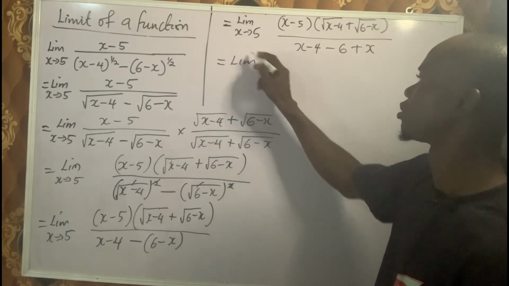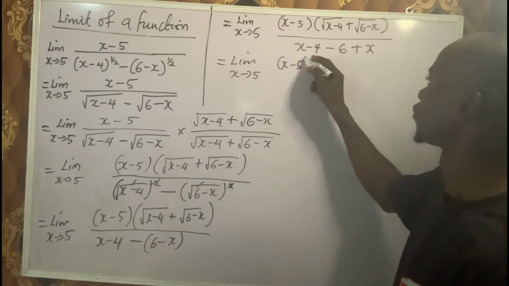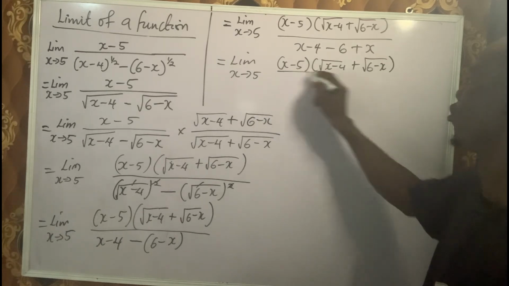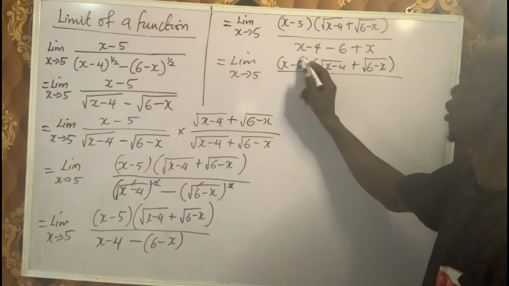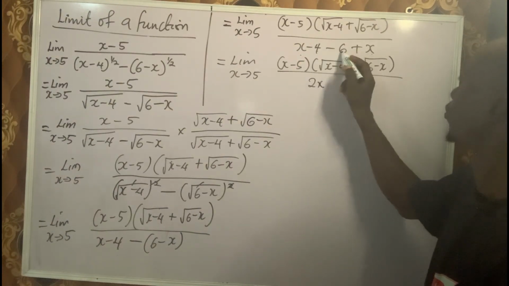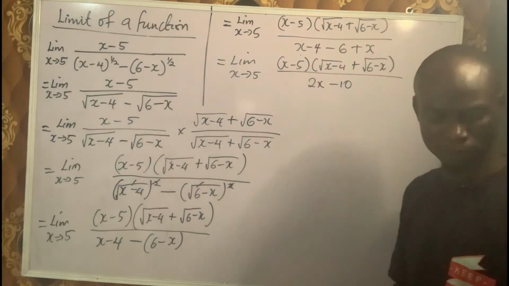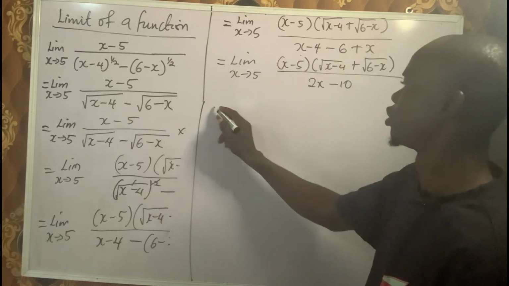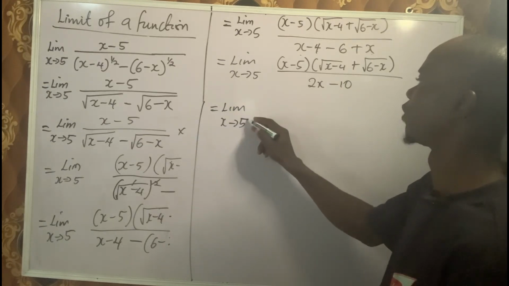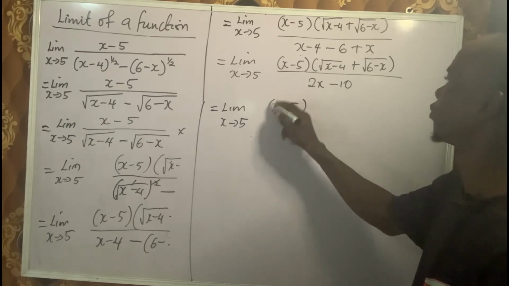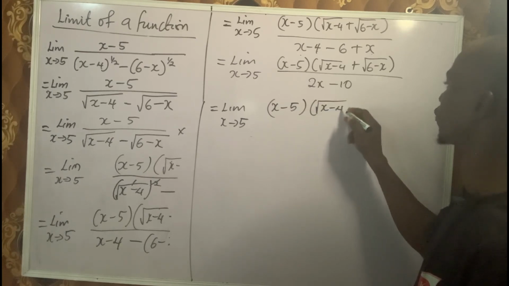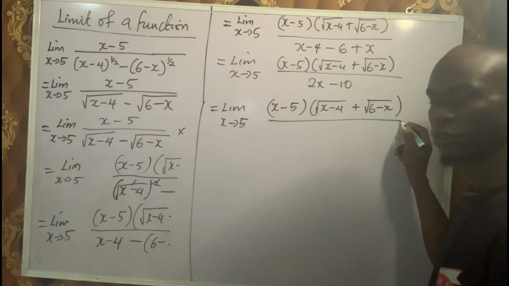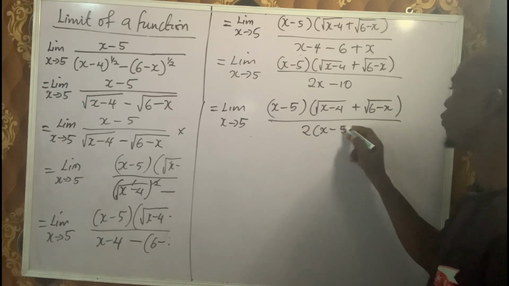Now we can collect like terms: x plus x is 2x, minus 4 minus 6 is minus 10. So this becomes limit as x tends to 5 of (x minus 5)(root x minus 4 plus root 6 minus x) all over 2(x minus 5).